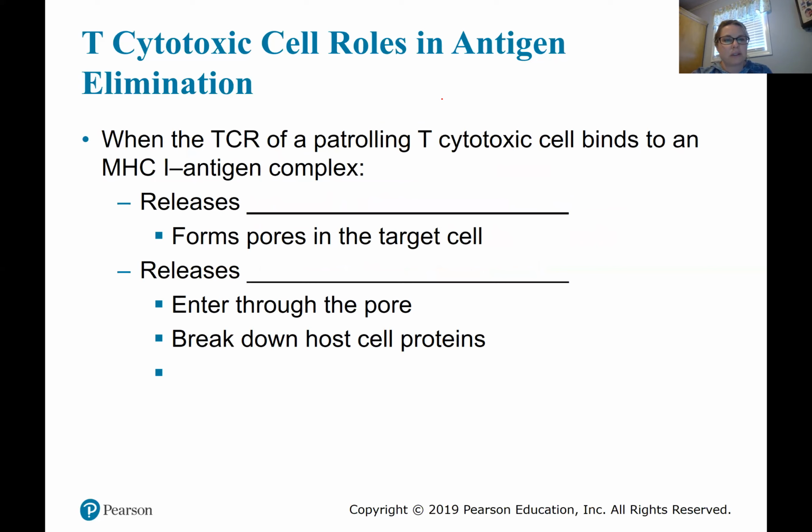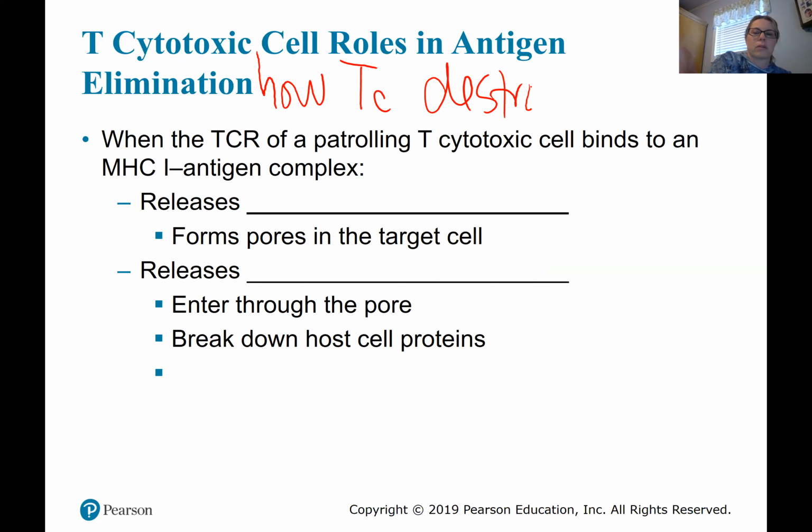So what the T cells do, how cytotoxic T cells destroy. Okay, they're going to bind to the antigen of the infected cell, and they're going to release a couple of enzymes called perforin, which forms a hole in the target or infected cell. And there's also another chemical or enzyme that is released called granzyme.